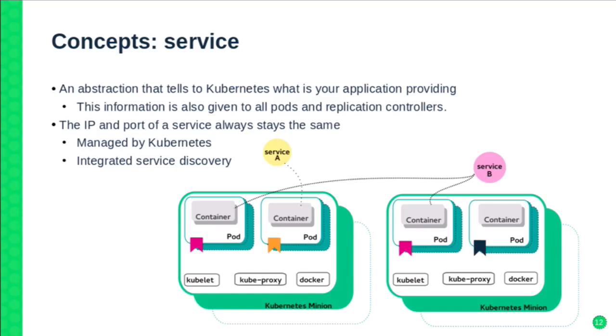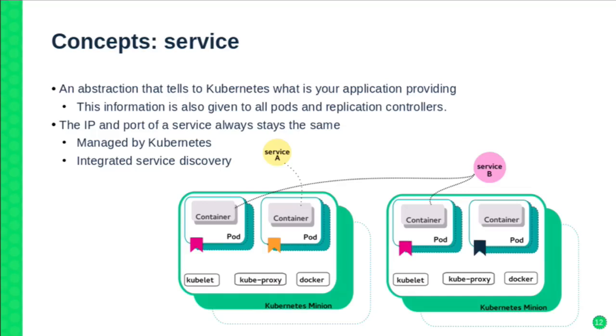So pods can have this IP and this port for now that it's running, but maybe it gets killed and it gets rescheduled in another node, so it gets another IP and all that. You don't want to keep track of all that. So Kubernetes brings this abstraction, which is called service, which guarantees you that there's going to be this exact IP, this exact port that you can contact, and you will be contacting that service.